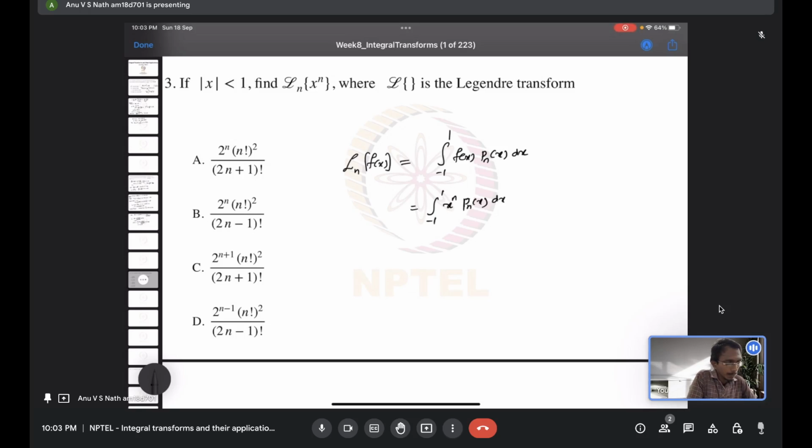So from this point, how will you proceed? If you see the options, every option has a lot of factorials, factorial squares. So how will you reach there from here? Basically Pn of x has a lot of definitions. So which definition will you use to reach the final solution, which can look like a, b, c, d, whatever the actual solution is?